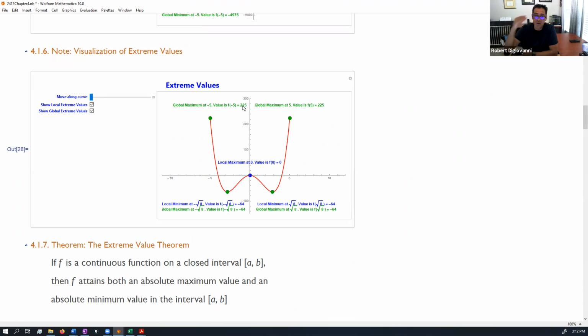That's the y value coming out of the function. It happens at two different places, right? So the global maximum is 225. It occurs at x equals 5 and at x equals -5. We also have two places where we have a global minimum. These green dots, -64, -64, and it happens at two different places.